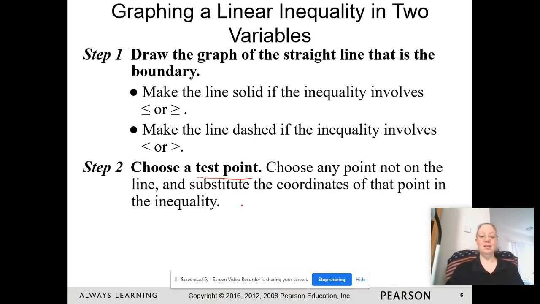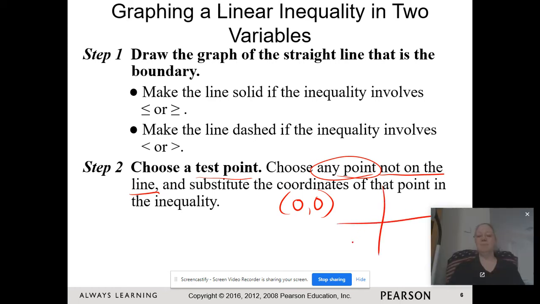If it doesn't solve it, then it has to be the opposite side of the boundary. Here's the key: you cannot choose a point that's actually on the line. It has to be a point that's not on the line. Usually we use (0, 0) as our test point, but there is an exception. If the line itself actually goes through (0, 0), we cannot use (0, 0) as a test point.